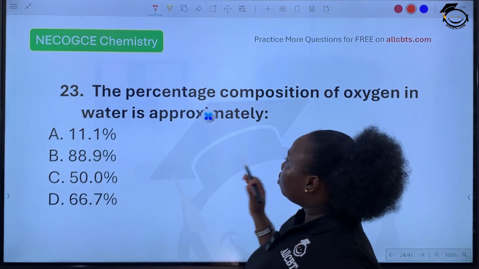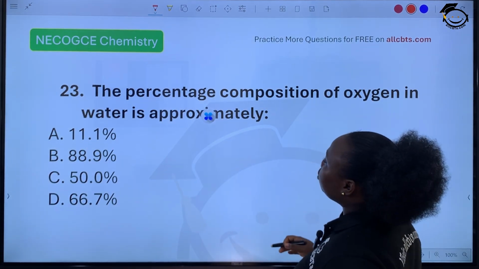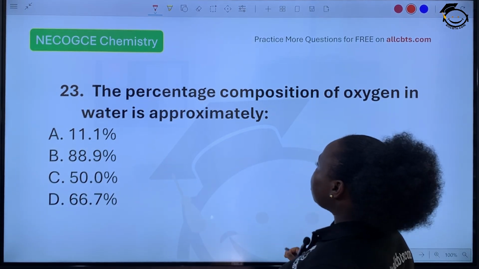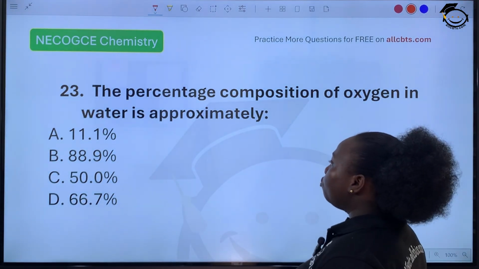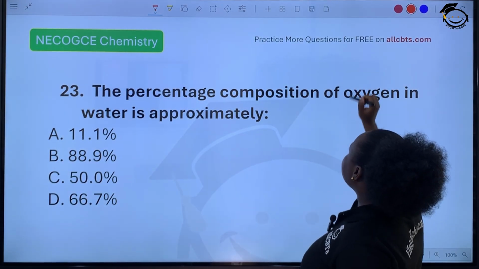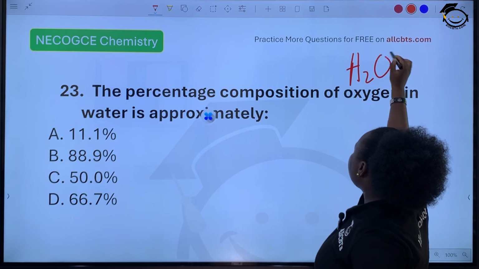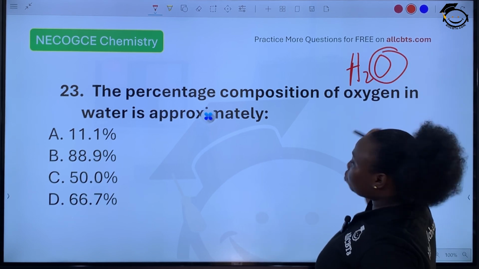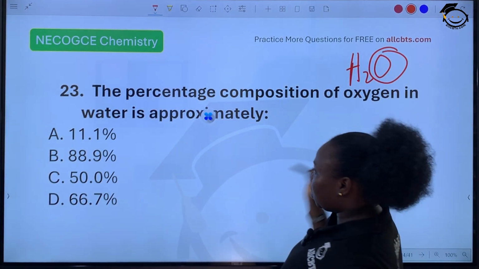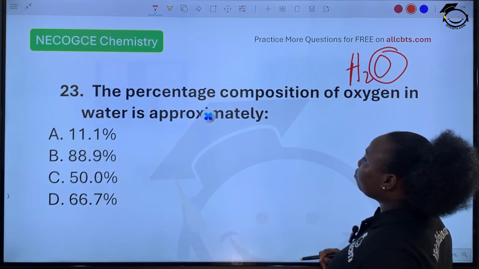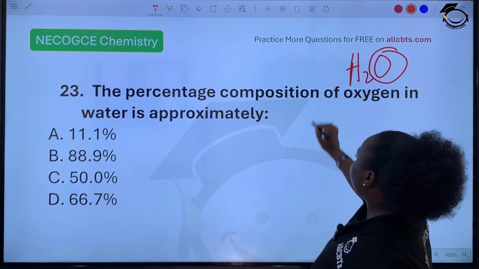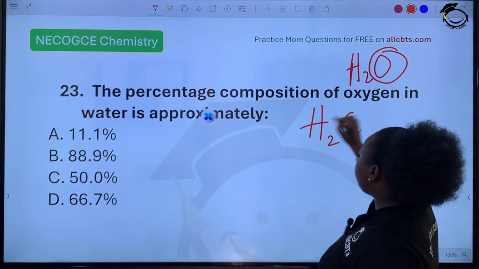Number 23, the percentage composition of oxygen in water is approximately what? We want to calculate that inside H2O, what is the oxygen constituent in percentage? The first thing we do, we know that we're talking about water, that's H2O.